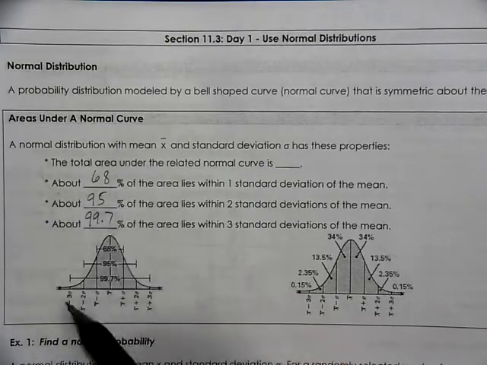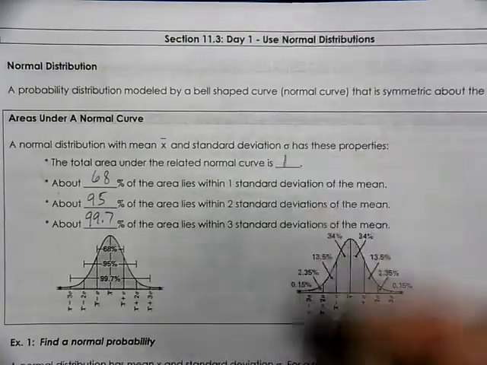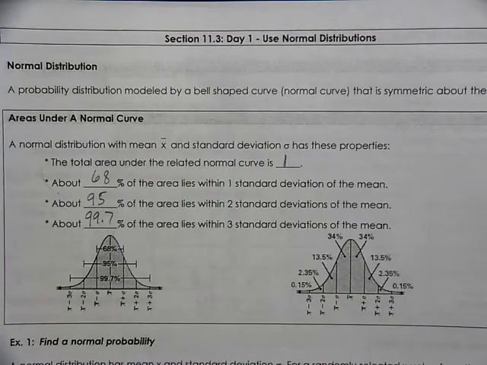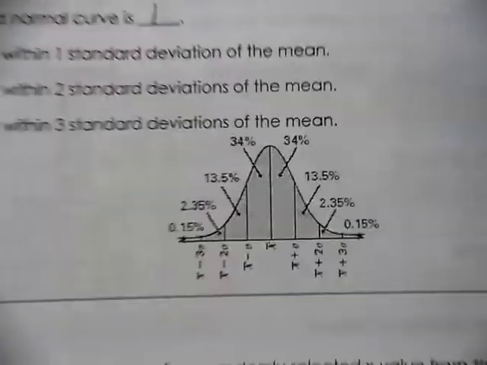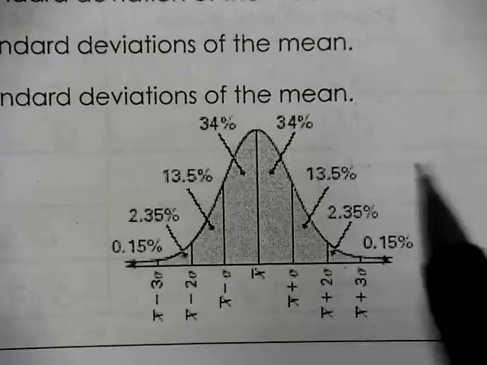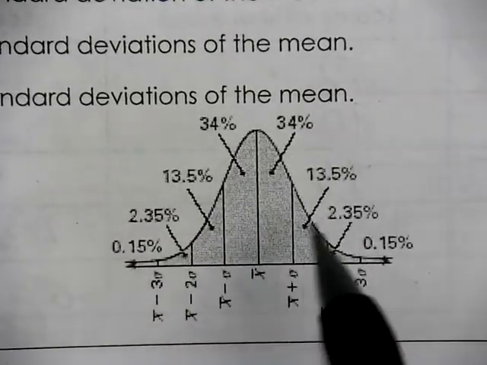The total area underneath here would be considered 1. Now, it's symmetric about the mean, therefore both parts are going to have the same amount within each.